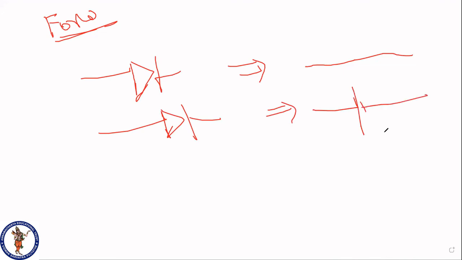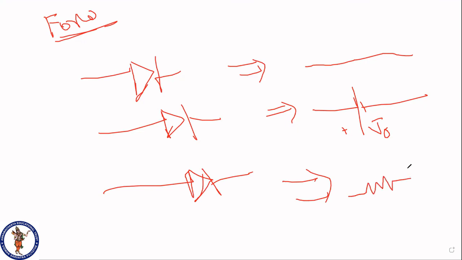So we will replace it with a voltage source, which is nothing but V0, the built-in voltage. But in some very practical applications, we will replace our diode with a resistor in series with the diode built-in voltage V0, and the resistance is the forward resistance RF.